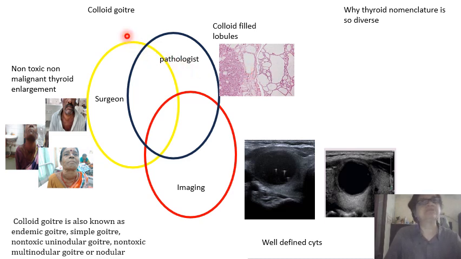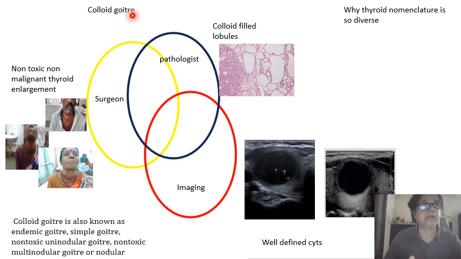Why do these problems arise in a thyroid? Because the surgeon has a perspective, the pathologist has a perspective, and the radiologist will have a perspective. Let's look at the word colloid goiter. They are not on the same page.